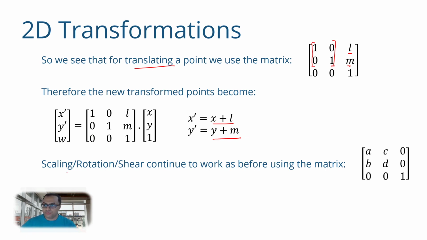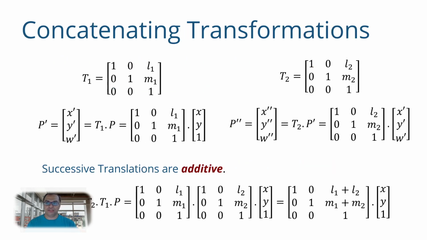However, if you want to factor in scaling, rotation, and shear, then that continues to work with this top left 2 cross 2. That part really does not change. So this gives us a very nice way of representing all our transformations as matrices, just by upgrading from 2D Euclidean to 3D homogeneous.